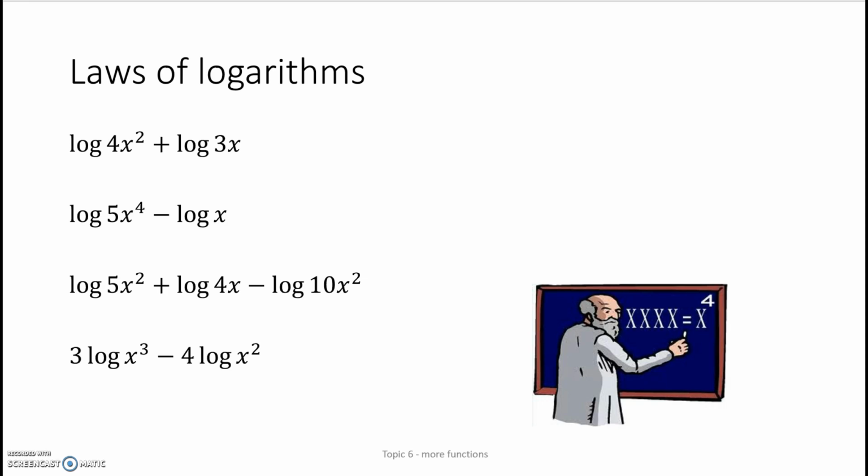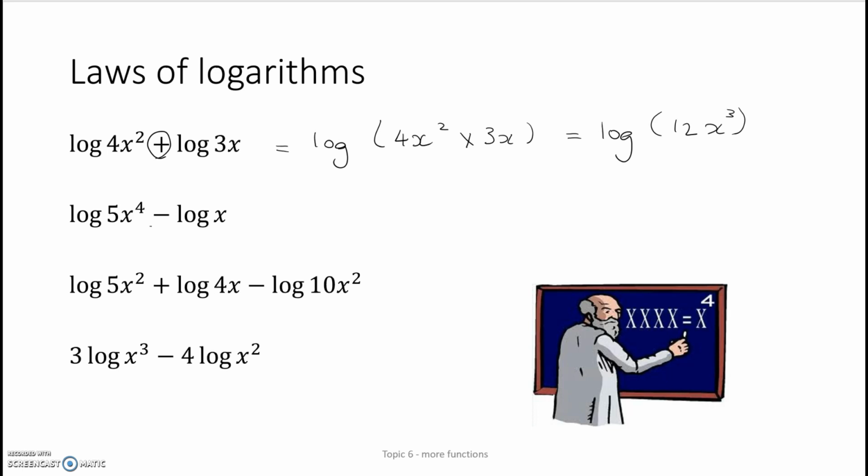Log 4x squared plus log 3x. Because it's plus, we can then multiply the bits. So that's log of 4x squared times 3x. So it's equal to log, whatever base we're talking about, 4 3's are 12, x squared times x is x cubed.